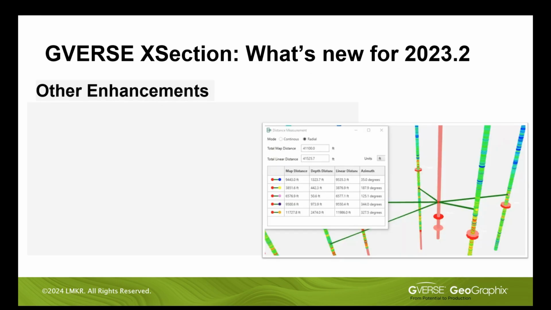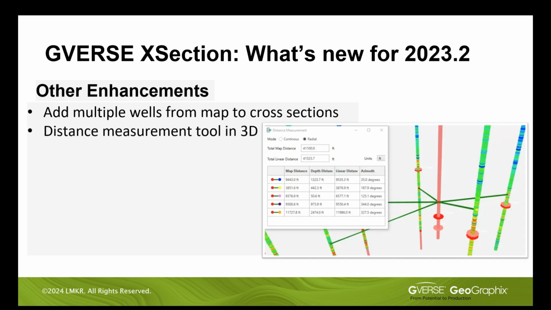Other enhancements include the ability to select more than one well on the map to add to the cross-section line of section. A new distance measuring tool is available in the 3D view for measuring distances, azimuth, and inclinations between 3D objects. As always, we look for ways to improve performance throughout the system.